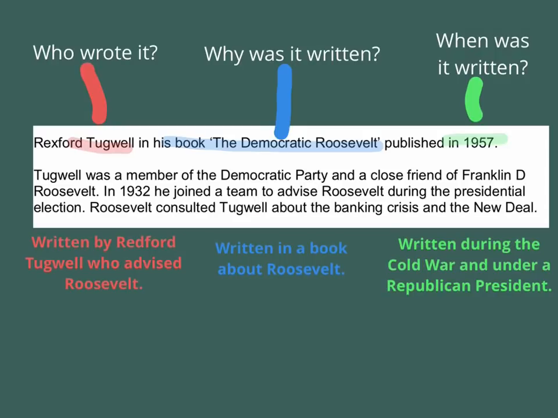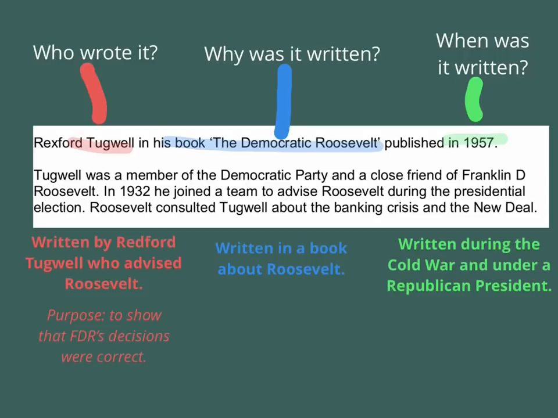So the first question, this book was written by Rexford Tugwell, who was an advisor to President Roosevelt and a member of the Democratic Party. As a result, his purpose could have been to show that President Roosevelt's decisions were right. Then the next question, why was it written? So it was written for Tugwell's book called The Democratic Roosevelt, which we can assume was a factual book written about Roosevelt.